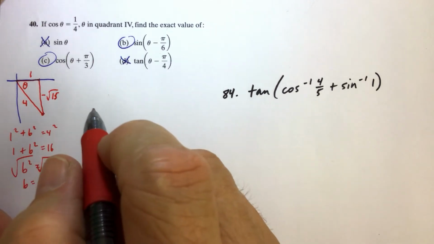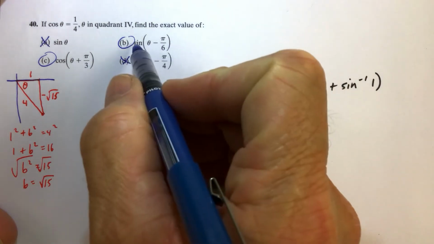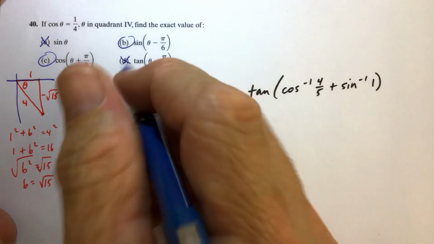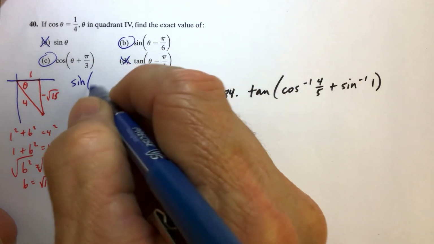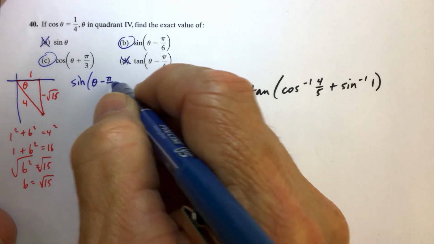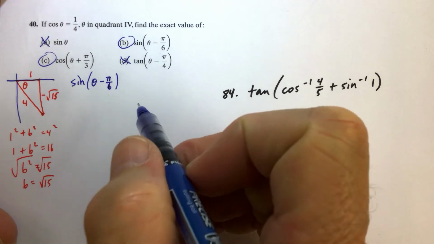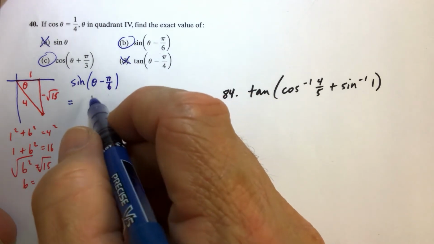Okay, now we're ready to figure out how to simplify the sine of theta minus pi over 6. Now don't think that you can just write sine of theta minus sine of pi over 6. You have to use the formula.